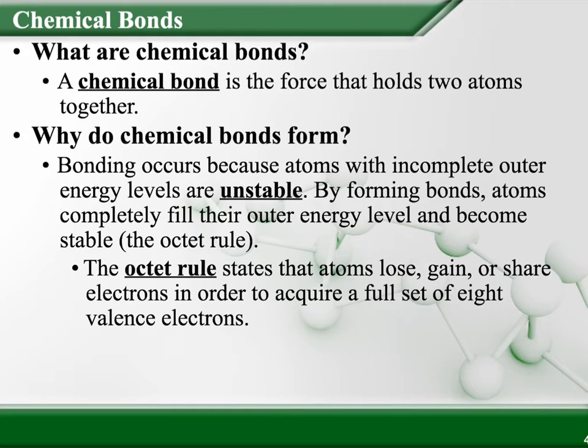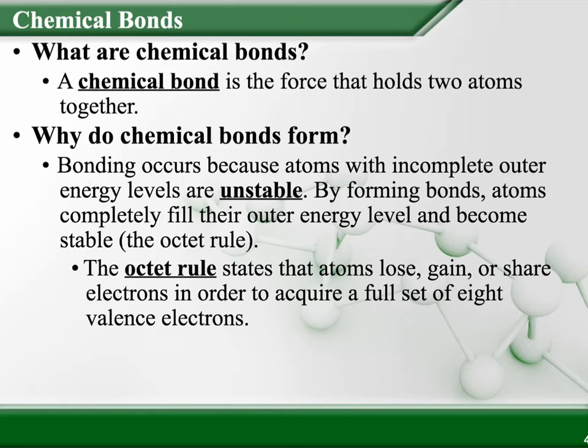We're going to go ahead and start with a little bit of chemical compound basics, looking at chemical bonds. Remember that a chemical bond is the force that holds two atoms together, and they're going to be bonding to one another because they do not have an octet yet. They're not stable. So even though our atoms are neutral, they're not stable.